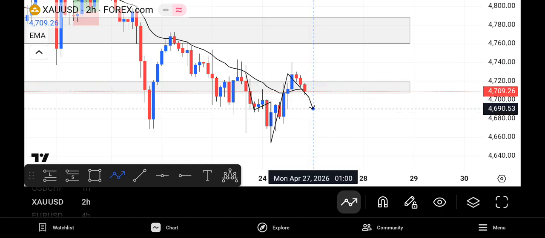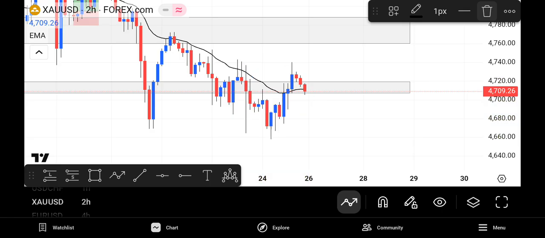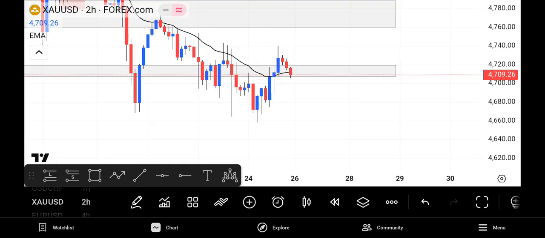You understand? So the weekly is bearish, daily bearish, 4 hour bearish, and the 2 hour is bullish. Which one will you follow? When you have 3 time frames in sync and one is going the opposite way, you will move with the 3 because they have confirmed to us that yes, we are supposed to go low. That's it for gold, guys.